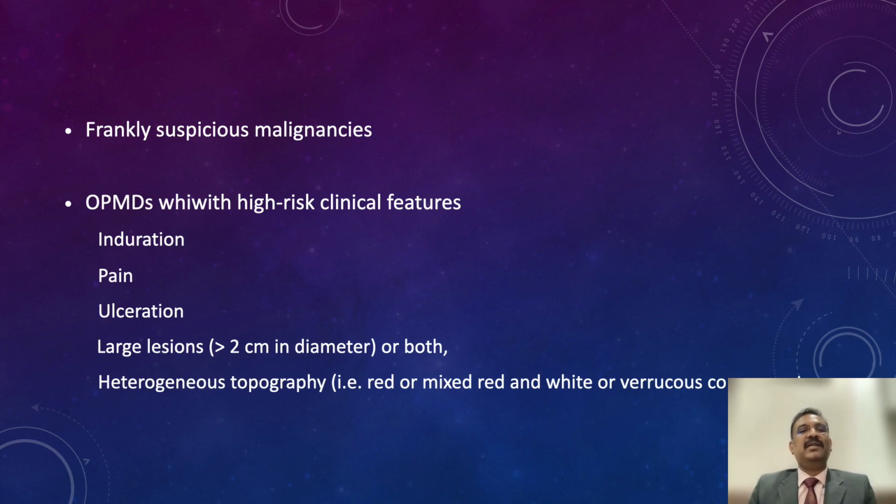When there is a frankly suspicious malignancy and when there are high-risk clinical features. We had already said that obviously ulcerated, indurated or exophytic lesions will anyway get a biopsy, and all these are considered high-risk clinical features. Also any lesion that is heterogeneous and reasonably large needs a biopsy. The bottom-line take-home message is: any suspicious lesion, do a biopsy.